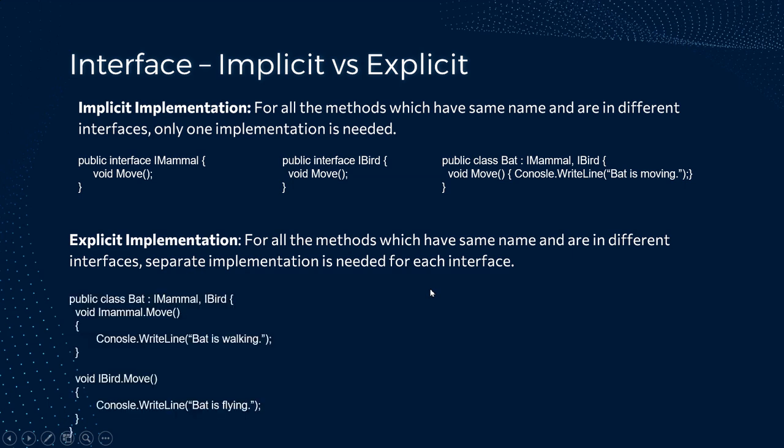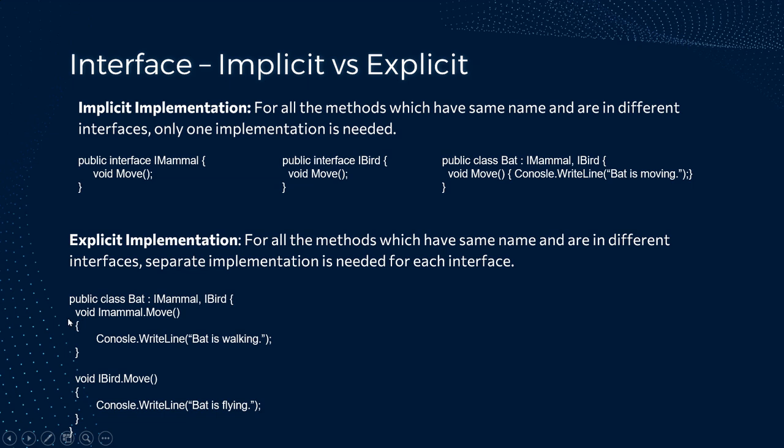So in this case, let's say I have created one class, Bat, and the Bat class is implementing both the interfaces IMammal and IBird. So you need to provide two method implementations, one for each interface method. Here you can see IMammal has this Move method signature, so you need to write IMammal.Move here.